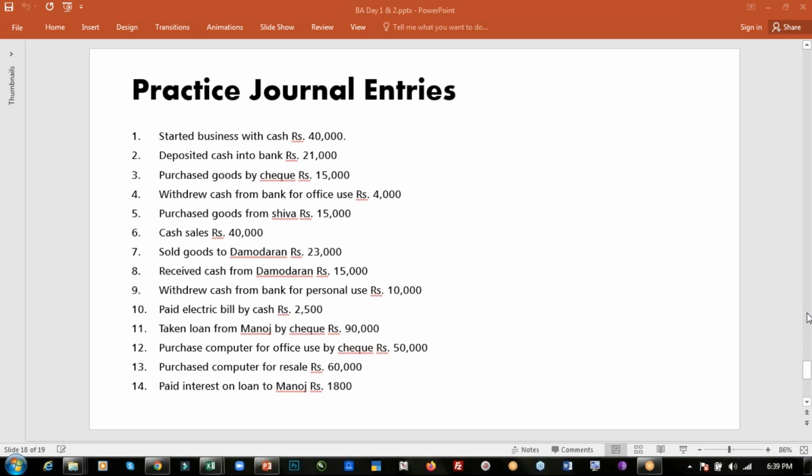Varsha, you are saying for the 11th point two entries: loan account debit to Manoj, and the second entry Manoj account debit to bank. Okay, but tell me, what is the loan account here? Is it a liability or an asset? Because if it's a liability, we cannot debit the liability if it is increasing.